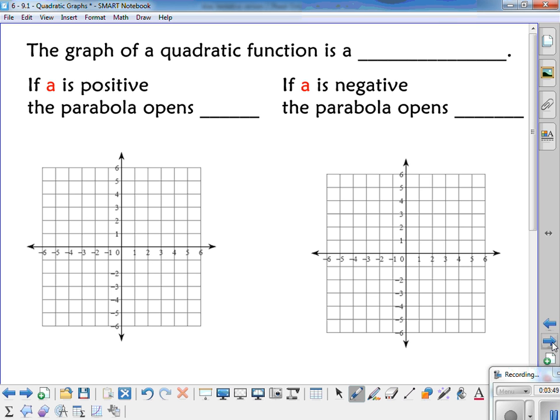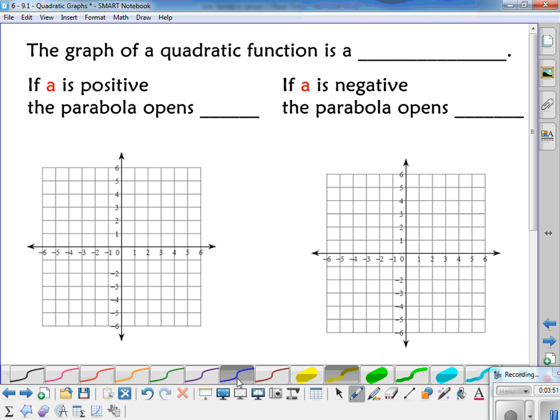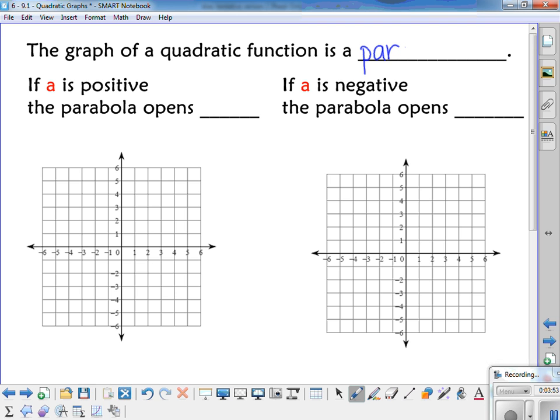So the graph of a quadratic function is called a parabola. If A is positive, then that means that the parabola opens up. And if it's negative, it opens going down. So I'm going to show you some graphs and just give you an idea of what they look like.